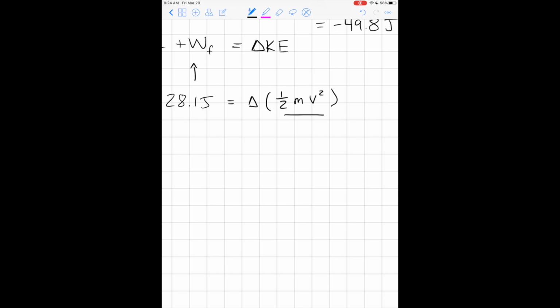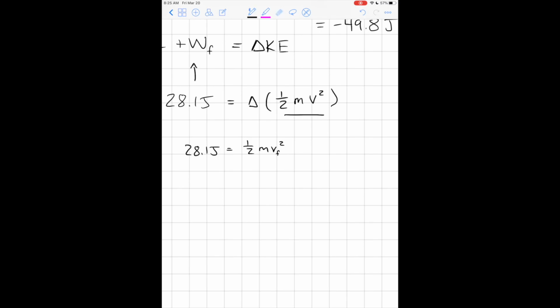Now, we're assuming that Paul starts at rest, so the initial kinetic energy is 0. Any work that we do is going to be equal to the final kinetic energy, so just 1/2 m v final squared.